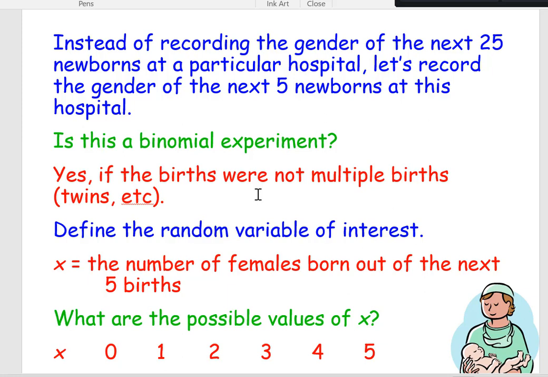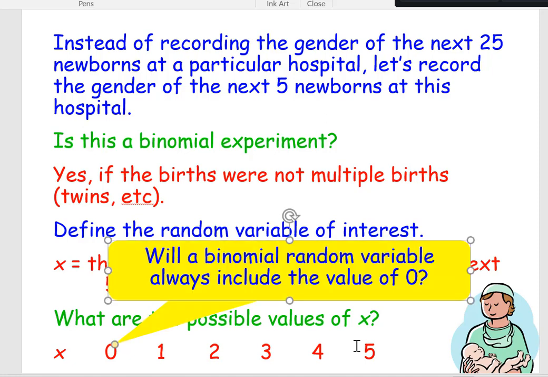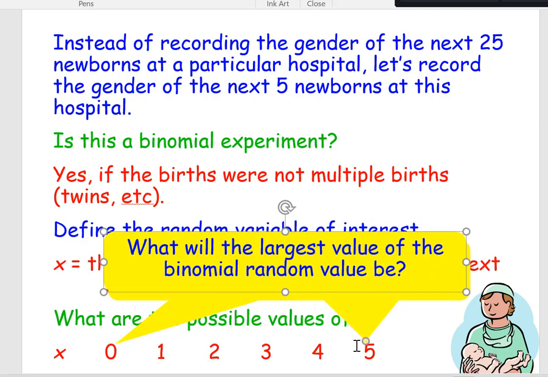Define the random variable of interest. Well, the random variable here, n is 5, we're taking the next 5 newborns. X is the number of females born out of those next 5 births. So X can take on the values from 0, 1, 2, 3, 4, or 5. So the binomial random variable always includes 0? It really should.